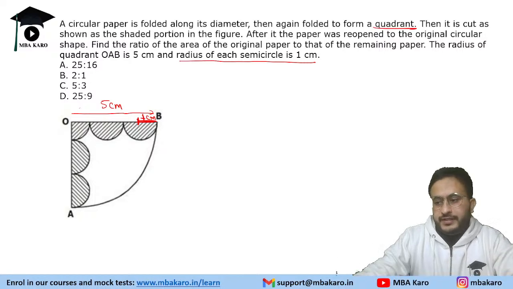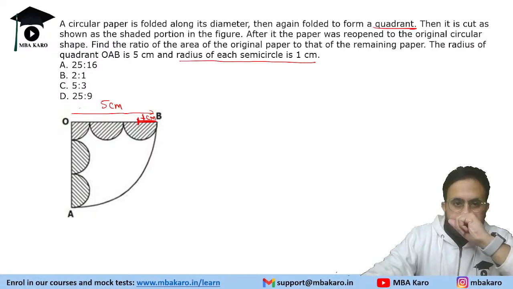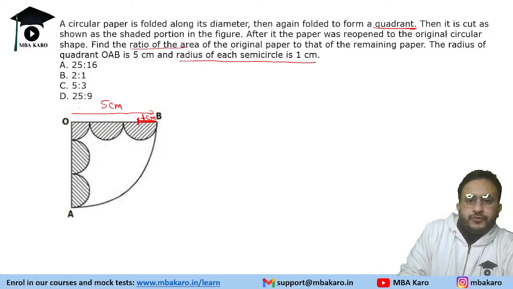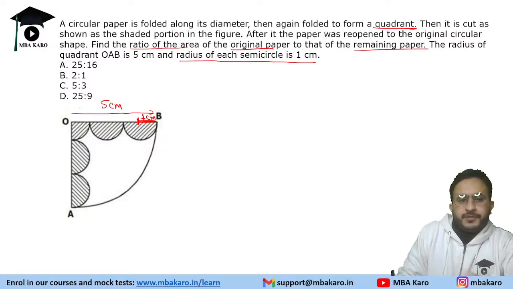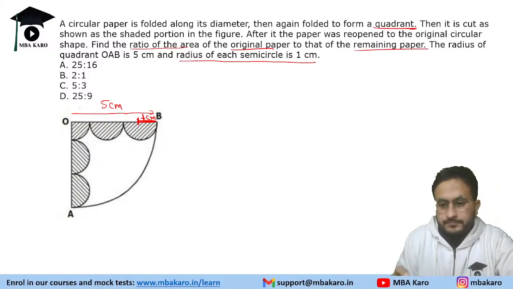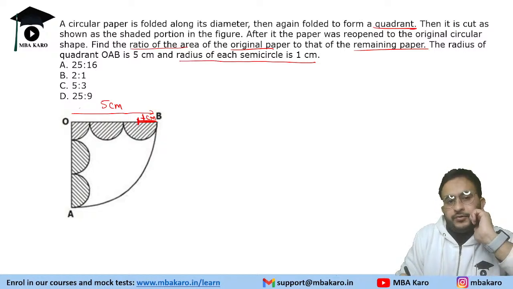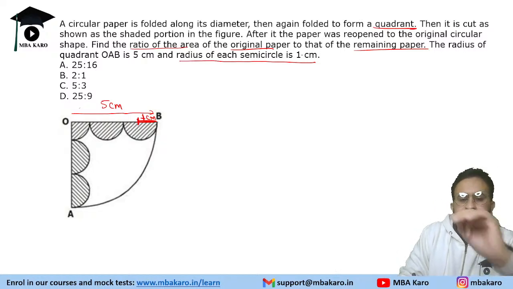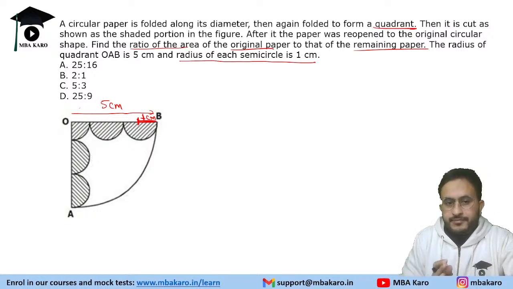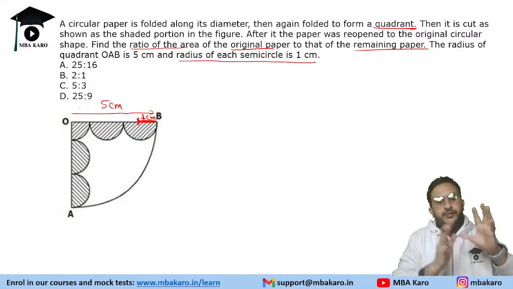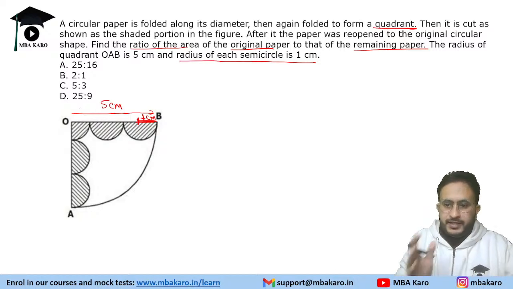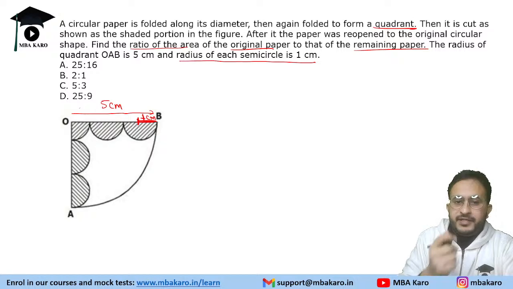So we need to find the ratio of area of original paper to that of remaining paper. First of all we will find that this is a quadrant, right? So when the full thing is opened up, how many circles will be removed?